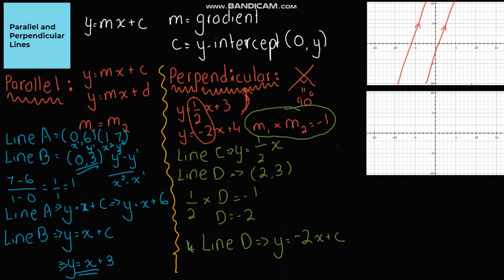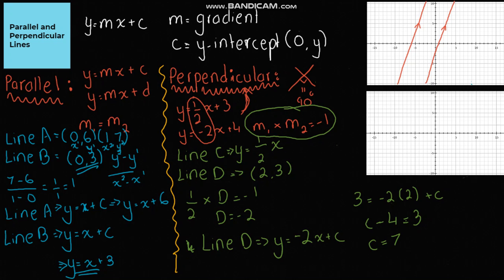Now in order to find c, we substitute (2, 3) for x and y. So y is 3, equal to -2 times x, which is 2, plus c. I just flipped the equation around: c plus -2 times 2, which is -4, is equal to 3. So c is equal to 7.